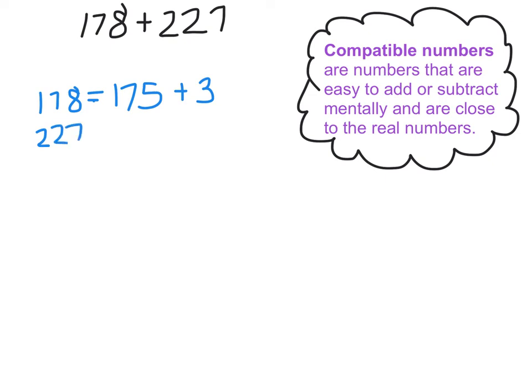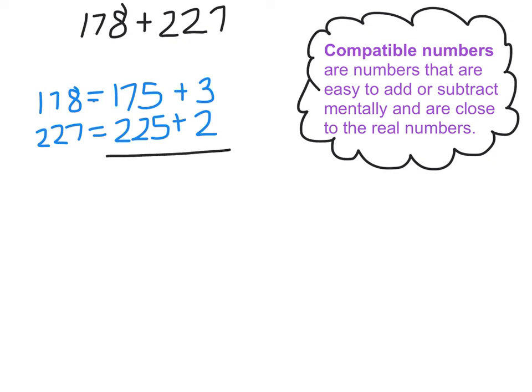227 is compatible with 225 plus 2, since 225 plus 2 equals 227. Step 2 is to find the sums.